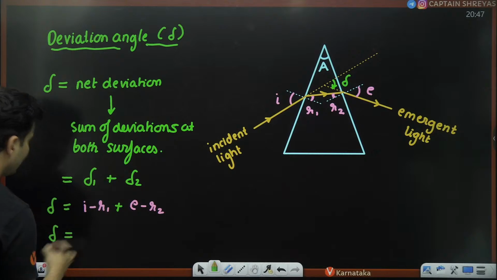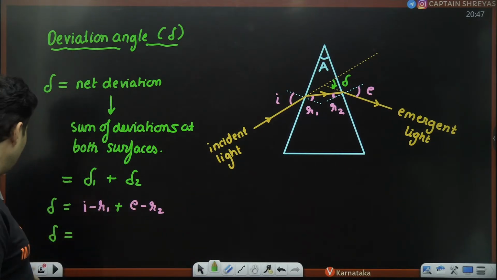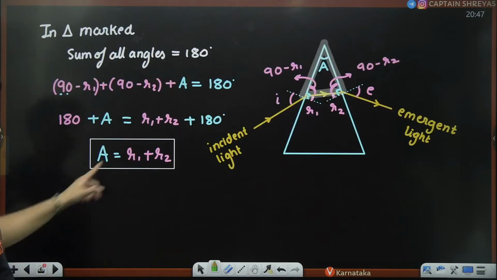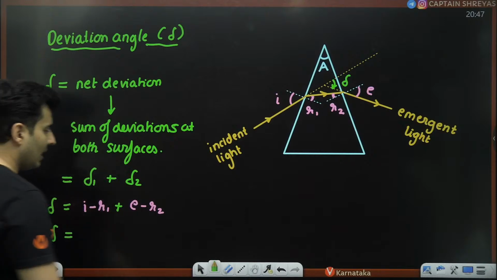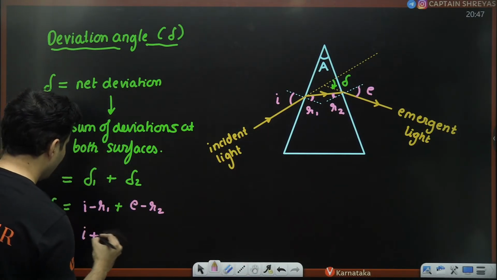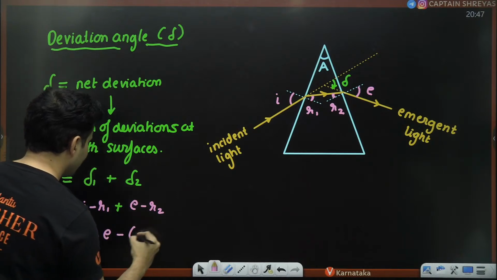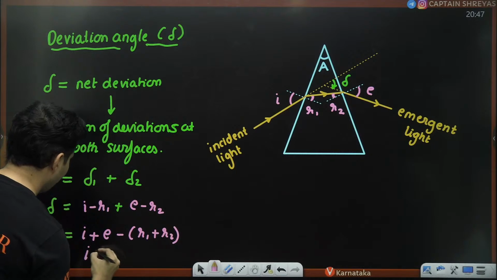Now this delta further can be written down as, see this R1 and R2. R1 plus R2 is nothing but A, I have seen that before. So therefore, I can write this as I plus E minus (R1 plus R2).